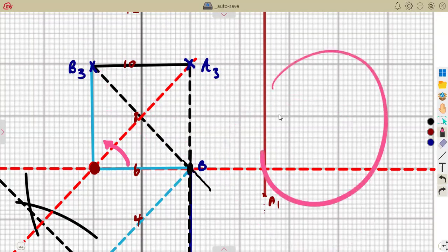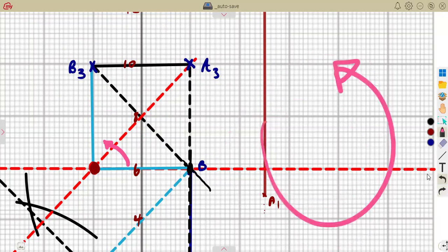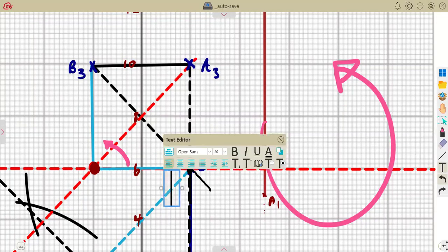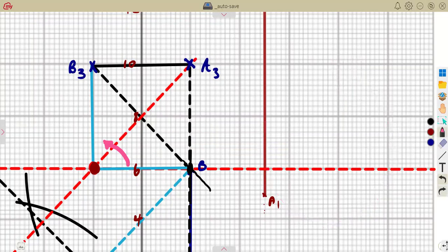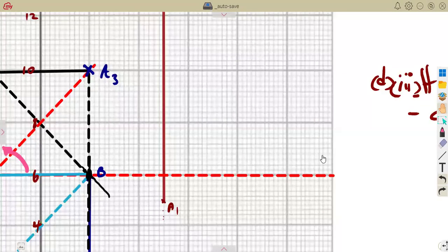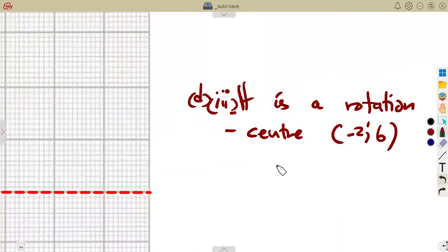A clockwise is like this. That's clockwise. Anti-clockwise is the other way. So that's an anti-clockwise movement. As this movement is happening, it's an anti-clockwise movement that you are considering. That is the idea. So in this case, it's going to be 90 degrees anti-clockwise.